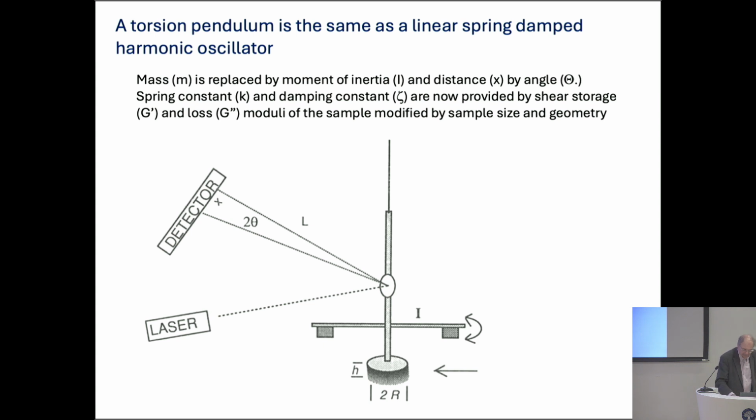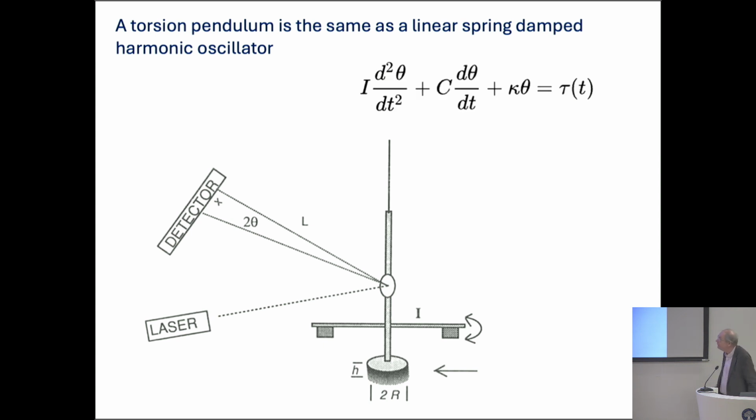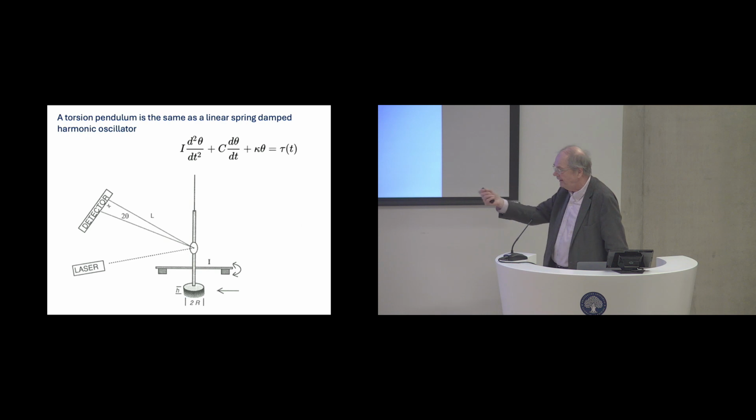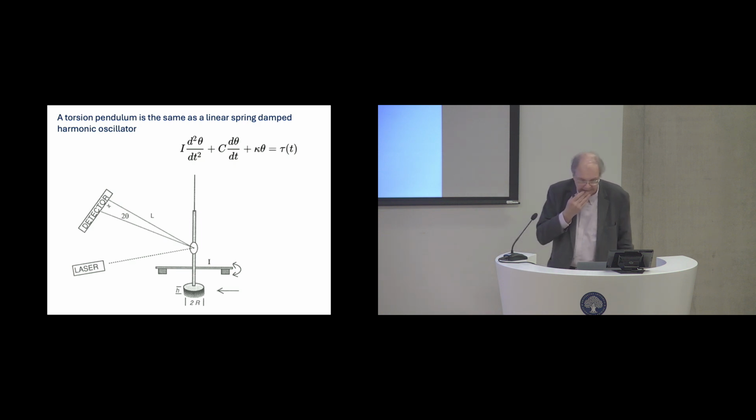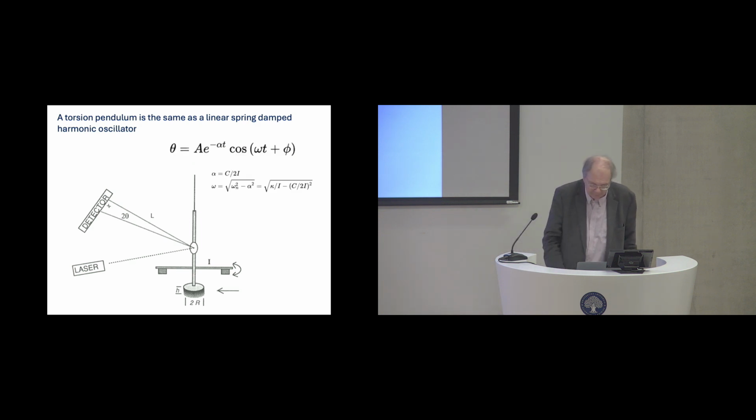All right, let's see if this works. So basically you do exactly the same thing. You set up a kind of a force balance, but now instead of a linear force, we have a torque. Instead of a mass, we have a moment of inertia. And instead of a velocity of motion, we have the rate of change of the angular displacement of the pendulum. Mathematically, arithmetically, it's exactly the same thing as for the harmonic oscillator.